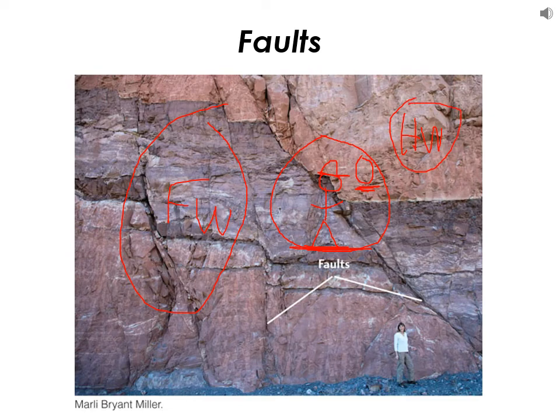Anytime you need to know whether the hanging wall moves up or down relative to the foot wall, you can draw your little mine shaft and your miner, and figure out which side's the foot wall and which side's the hanging wall. So here we can see that the hanging wall has moved down relative to the foot wall. So this is called a normal fault, and we'll talk about that in just a minute.